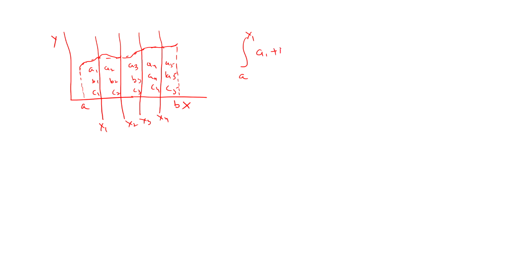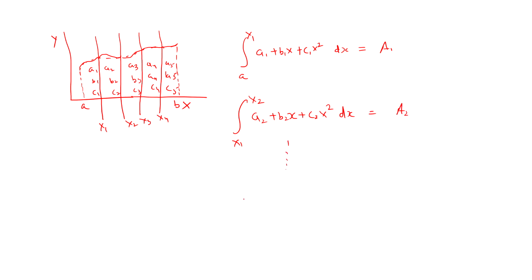Within each interval I will calculate the integral of a1 plus b1 x plus c1 x square dx, where I know the values of a, b and c, and that gives my A1. From x1 to x2, a2 plus b2 x plus c2 x square dx is equal to A2.